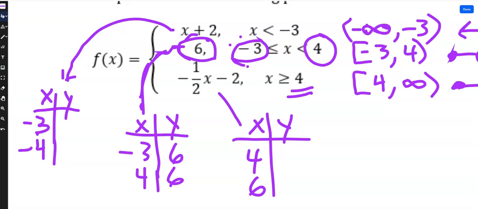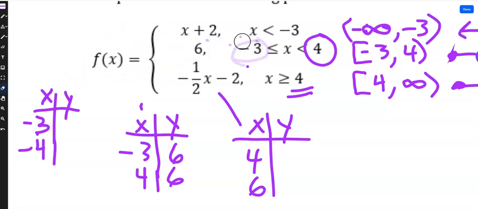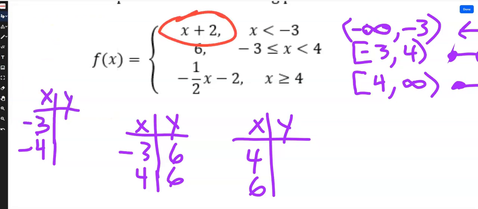So if I go back to the original one, let me just get rid of some of these lines so it's a little easier to look at. If we plug in values into this, like the negative 3 and the negative 4, negative 3 plus 2 is negative 1, and negative 4 plus 2 is negative 2.